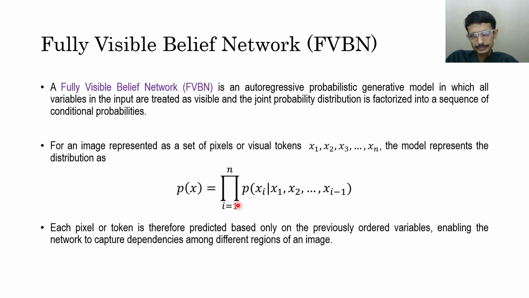Now this is a multiplication: p of x1, into p of x2 given x1, into p of x3 given x1, x2, and so on. Each pixel or token is therefore predicted based only on the previously ordered variables, enabling the network to capture dependencies among different regions of the image.